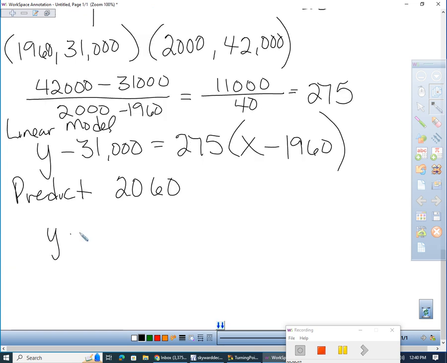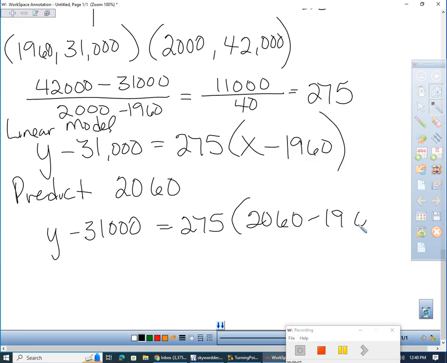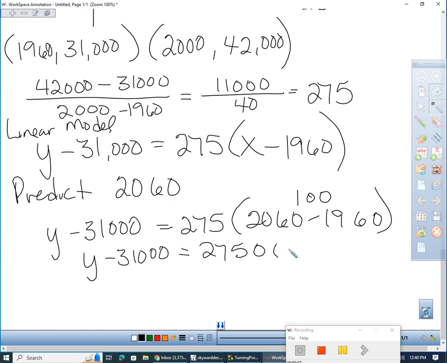So I have y minus 31,000 equals 275 times 2060 minus 1960. All right, so 2060 minus 1960 is 100. So I have y minus 31,000 equals 275 times 100 is 27,500.